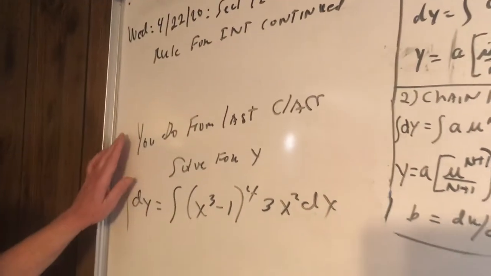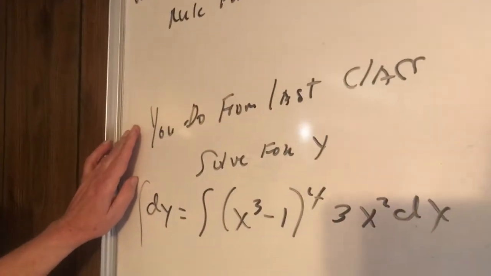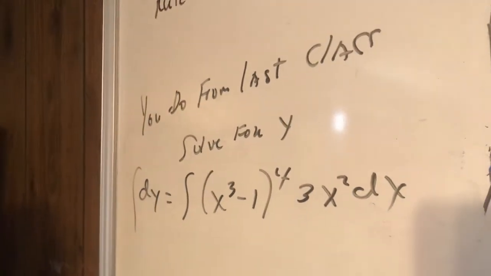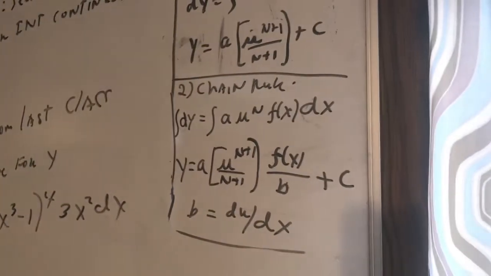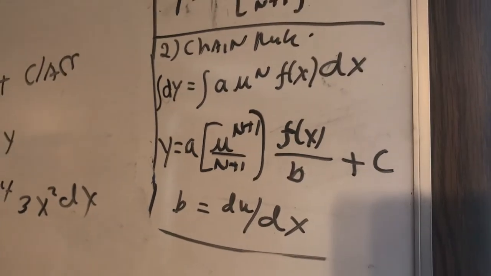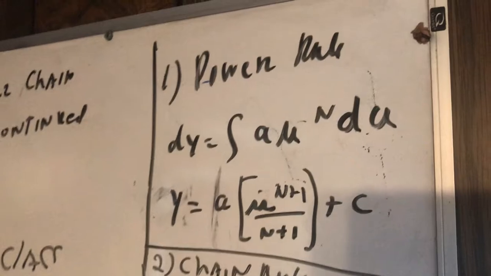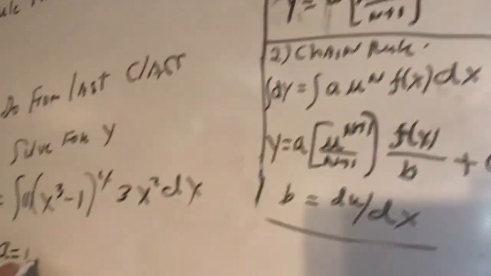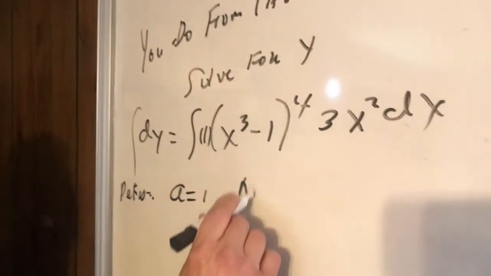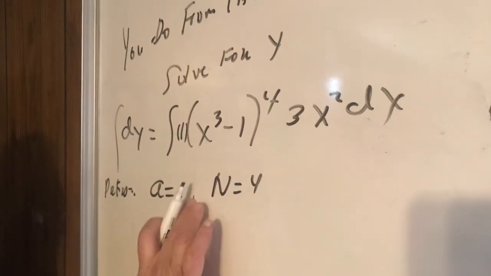Okay. So you have a you-do here, the last class. Let's use our chain rule. Let's do our definitions first. A is 1. N is 4. We don't want to put the commas.